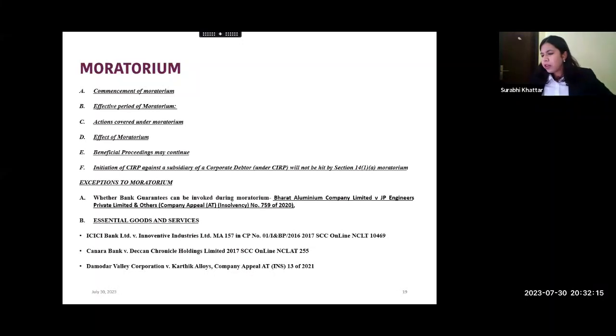In this, what is important to note is that there are certain services that cannot be terminated even during the process of a moratorium. For example, essential services: the supply of essential goods or services is not terminated during the period of moratorium, because that is important for keeping the corporate debtor as a going concern.